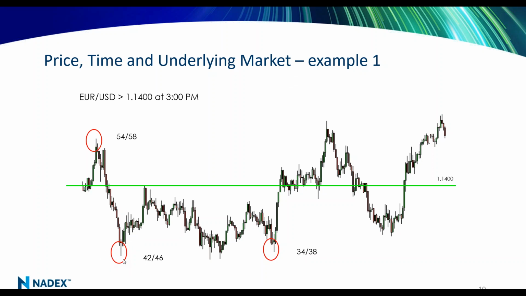The reason is there's less time. When they were giving it 44, there was a whole day ahead. Here, half the day has gone by and we're still below the 114 mark. So as time moved on, the probability that the market put on it finishing above 114 dropped. If you're a regular options trader, you could think of that as time decay.